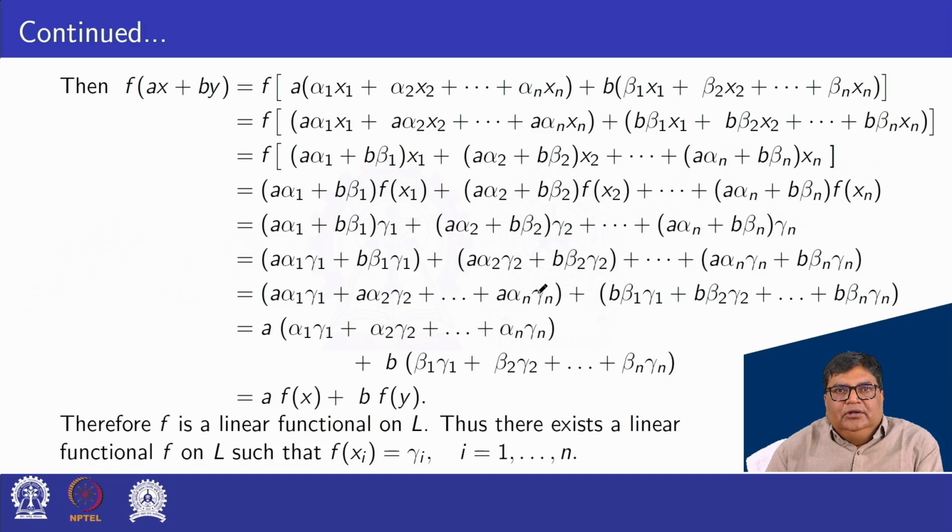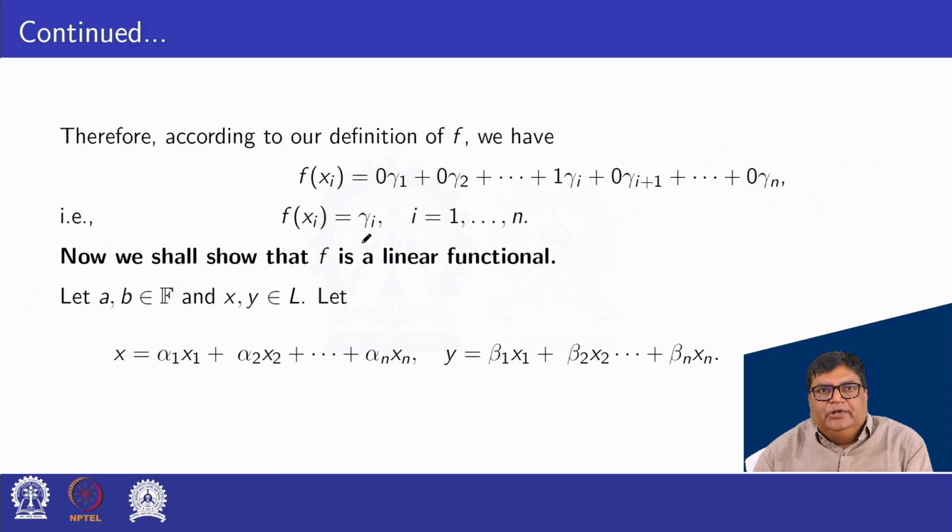Okay, so a is common in this term and b is common in this term. So we have a common times alpha 1 gamma 1 plus alpha 2 gamma 2, plus and so on, alpha n gamma n, plus b common times beta 1 gamma 1 plus beta 2 gamma 2, plus and so on, beta n gamma n.